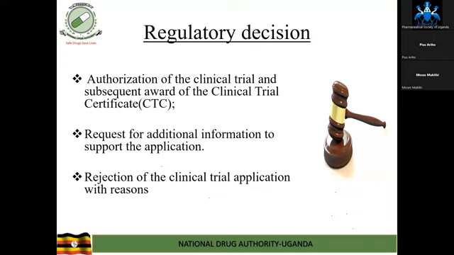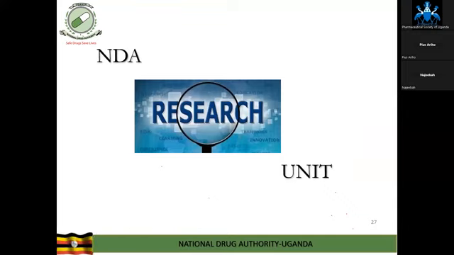And the reasons for rejecting could be as simple as the science does not match, or we don't agree that the patient's safety is being taken care of, or all the data that you're trying to find out has already been done elsewhere. So there's no need for you to subject patients to a drug, yet what you're trying to figure out has already been done elsewhere. So that's it about clinical trials.